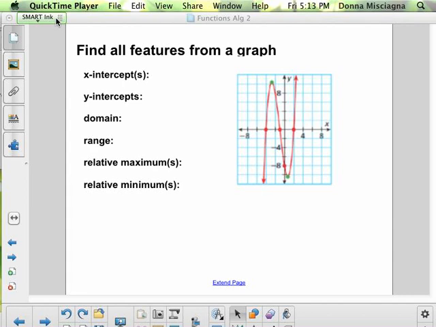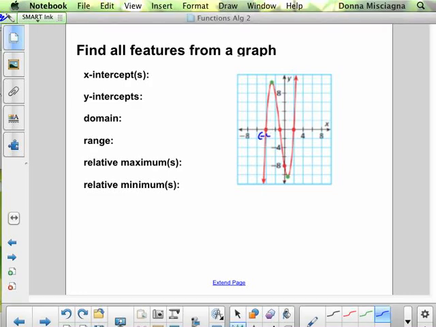All right, so our x-intercepts, we have 3 of them shown there. Each of the boxes is worth 2. So this would be -4, 0, and -1, 0, and 2, 0.